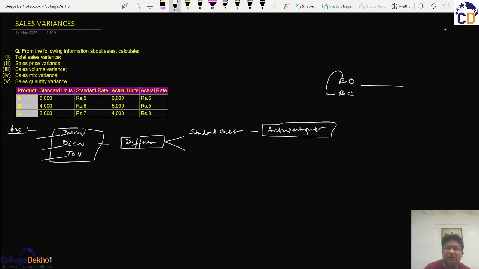Then when the period actually produced the goods, there was actual output, which normally was not equal to what was budgeted. Hence the budgeted cost was bound to change, and that is why we had the figure of actual cost.